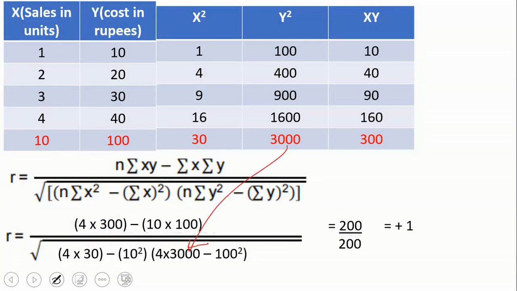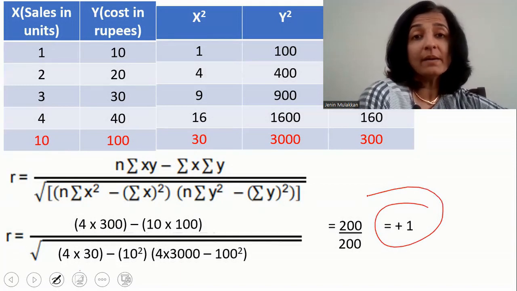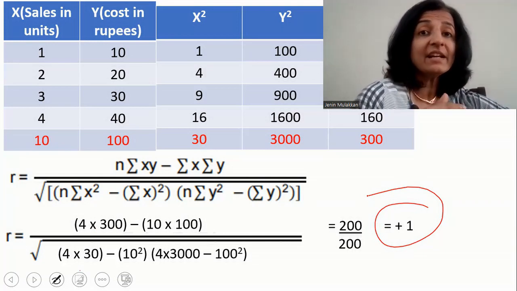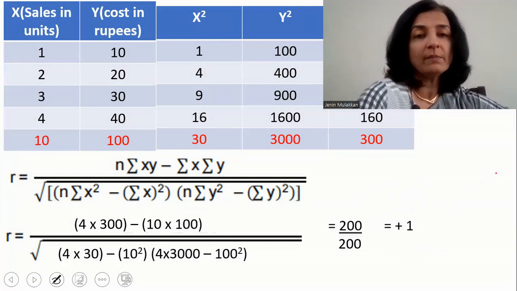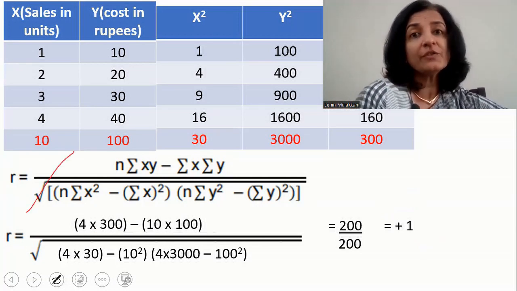Sigma y squared is 3000 and sigma y is 100 squared. So we get the answer as +1. See, I told you, if there is a perfect positive correlation, then the answer that we get for R is +1. So instead of drawing a graph, we can just calculate the correlation coefficient R.